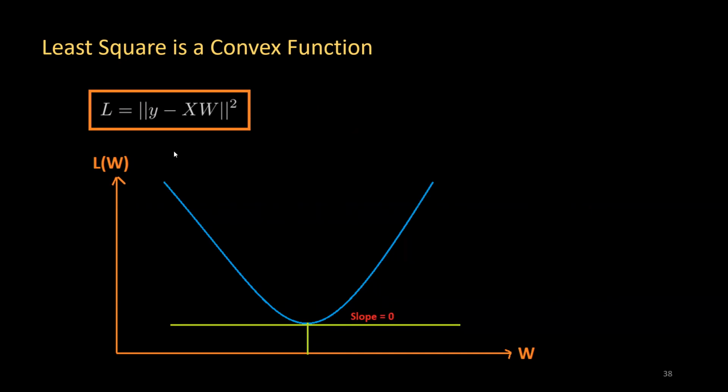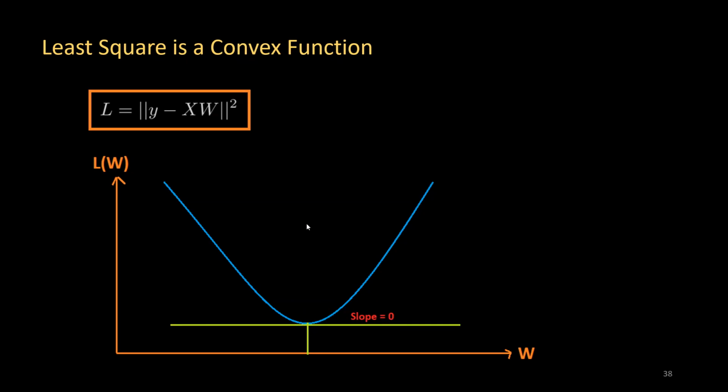So in order to find the minimum value, which is my target, because I am going to reduce the error, I am going to find the minimum value of my loss function. So for this, I have to reach here. In order to reach here, I will take the slope of this equation and put it equal to 0. When I take the slope and put it equal to 0, I will be at this point, which is the minimum point, and then my problem will be solved.